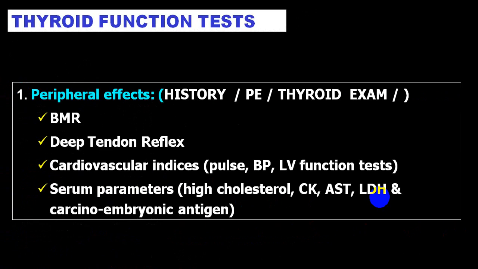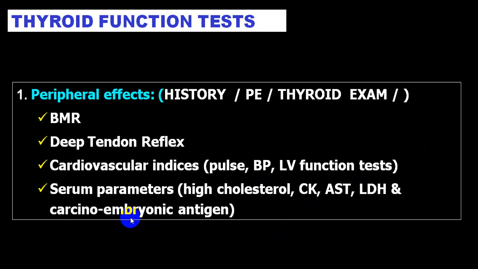These are the effects of thyroid function on the periphery: BMR, deep tendon reflex, cardiovascular indices such as pulse, blood pressure, and LV function, lipid levels, particularly cholesterol, and CPK, LDH, and AST enzymes.